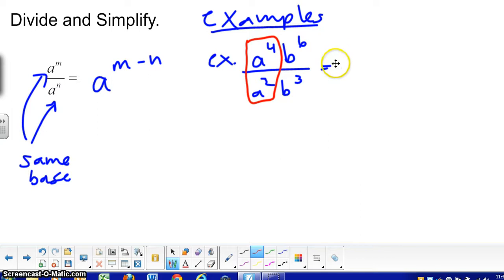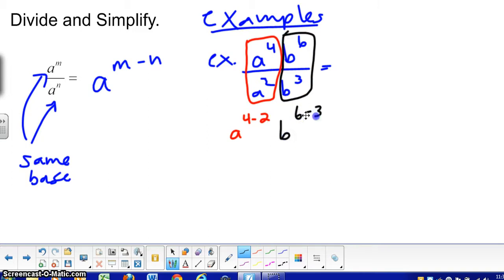So a and 4 minus 2, and then the other one is the b's. So you have b and then 6 minus 3. Okay, so your final answer would be a to the 2nd, because I'm just evaluating the exponent, and b to the 3rd, because I'm evaluating that exponent. Sorry, my b's and 6's look a lot alike.